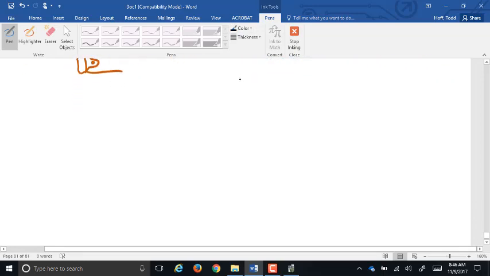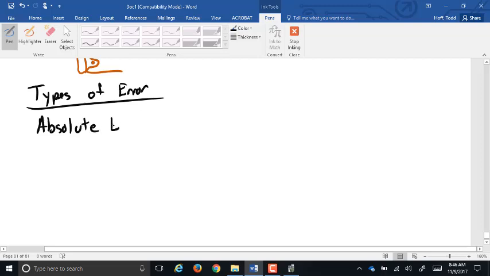Okay, so types of errors we're going to talk about today. Regardless of what the source of that error is, the first type we're going to talk about is called an absolute error. The absolute error is just the difference between the actual value and the measured value.